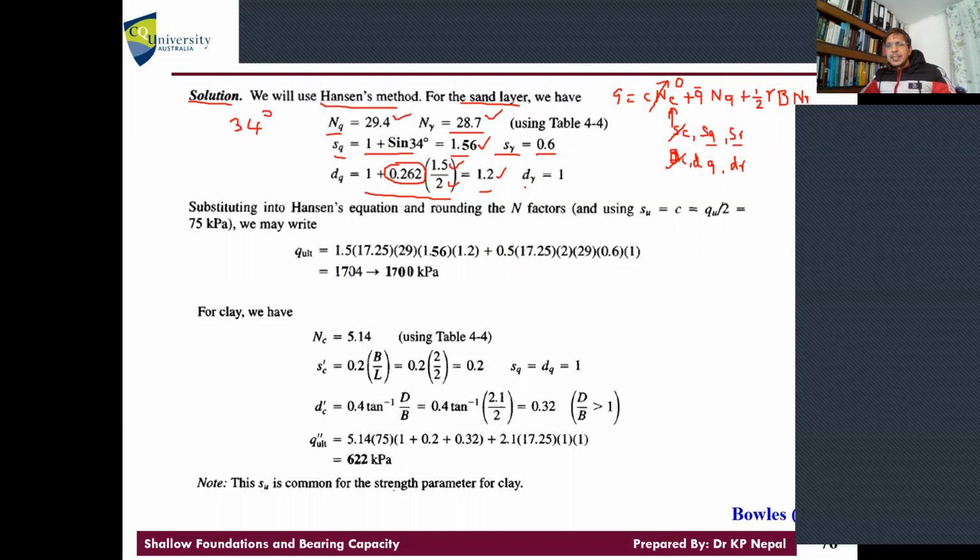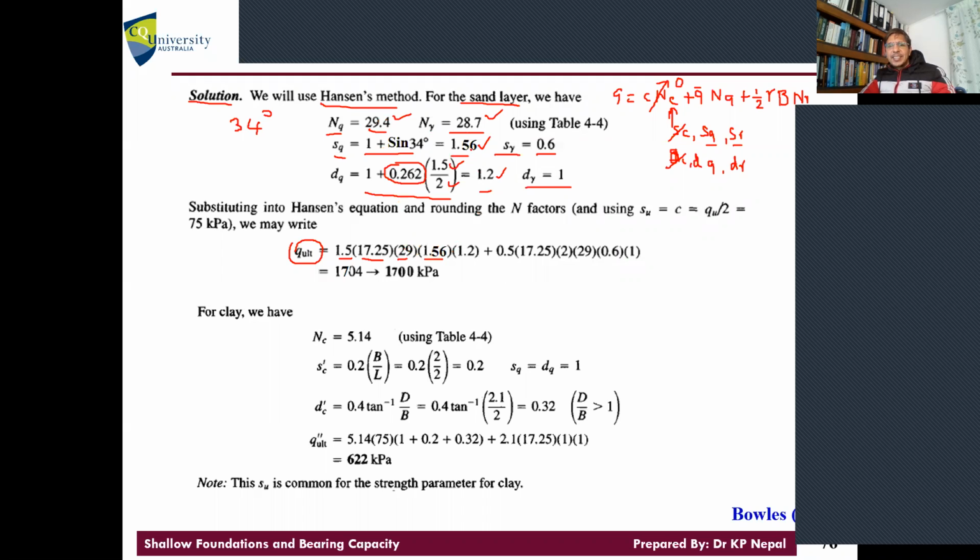So D gamma is always 1. Now can you put in the bearing capacity equation? This is the second term: 1.5, 17.25 is the gamma given, and 29.4 here, though they just write 29, rounding these values. And then 1.56, what is that?